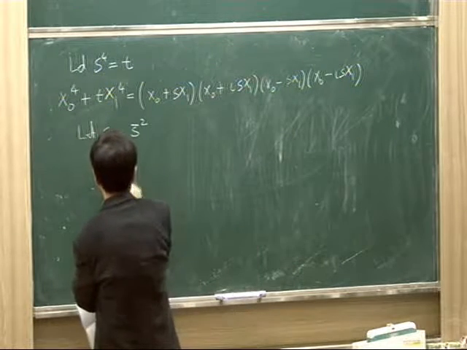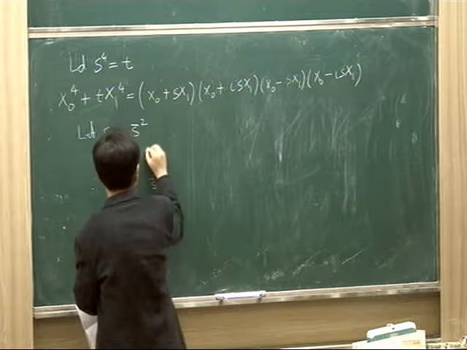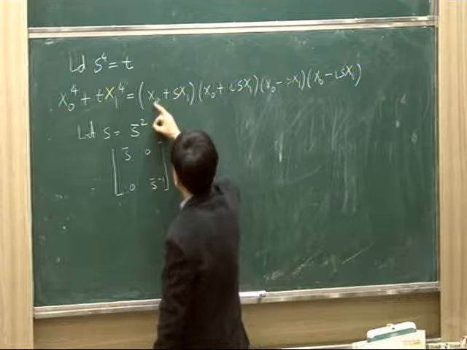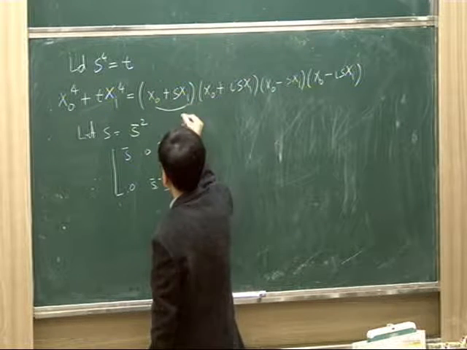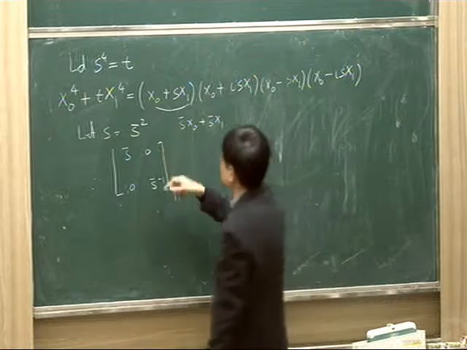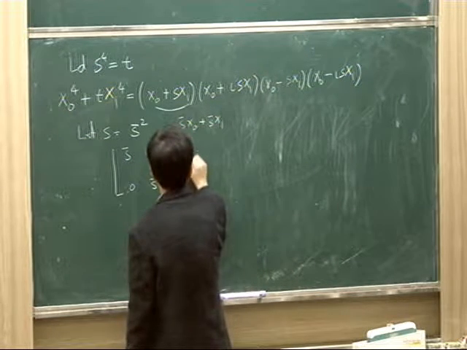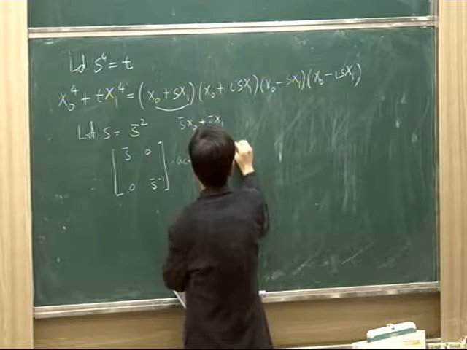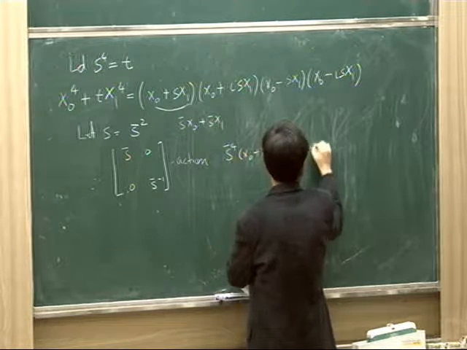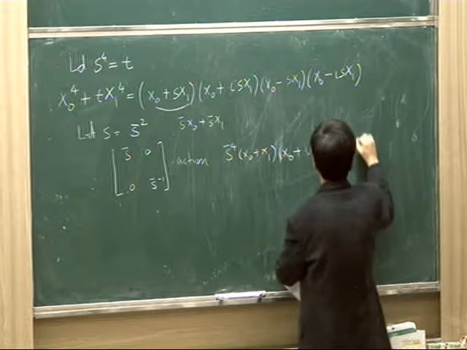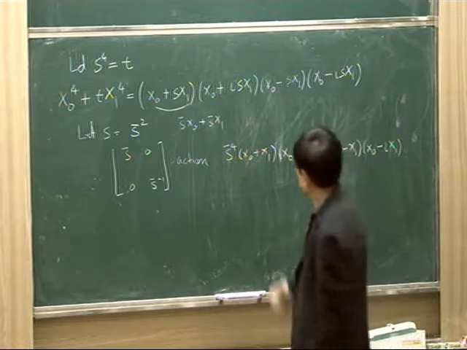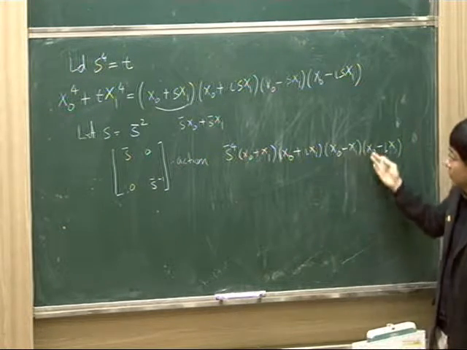So now considering this action, these are in SL2. By these actions, we have, for example, if you're looking at this equation, s bar x0 plus s bar x1. After this action, this changes to s^4, s bar 4, and then x0 plus x1. Okay, so it's nice because it's always 4 distinct points.